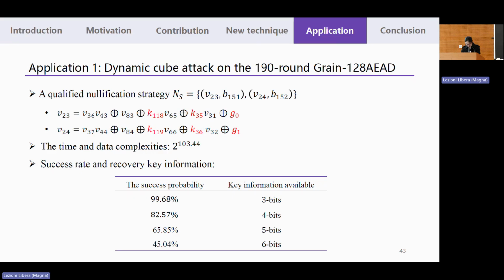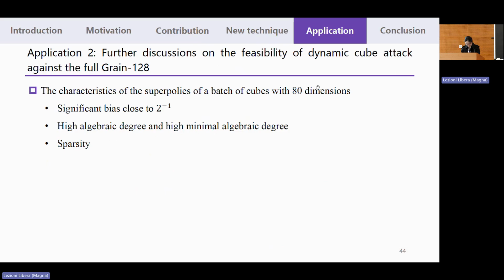We then provide further discussion on the feasibility of the dynamic cube attack against 4-version Grain-128. To further investigate the structural characteristics of Grain-128, we attempted to recover the superpolies of the 4-version of Grain-128 without employing any nullification strategies.